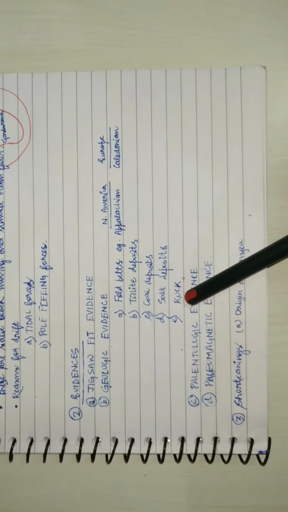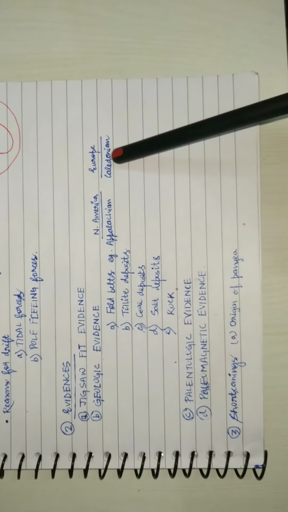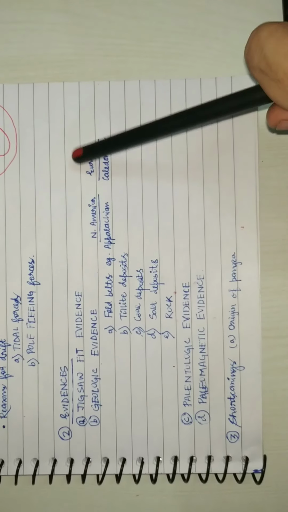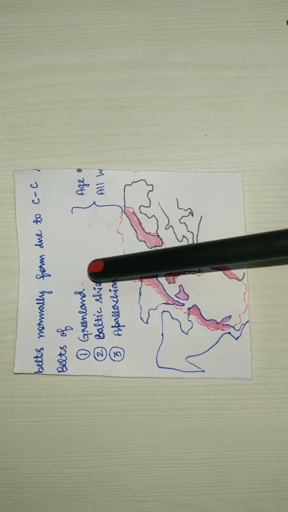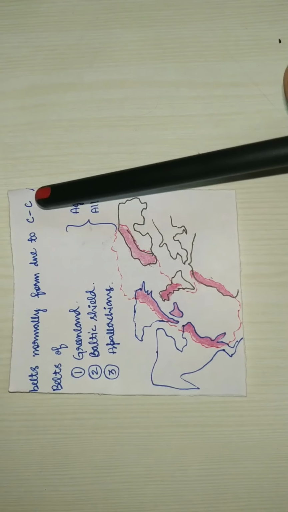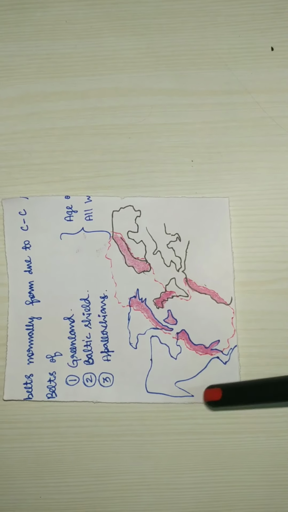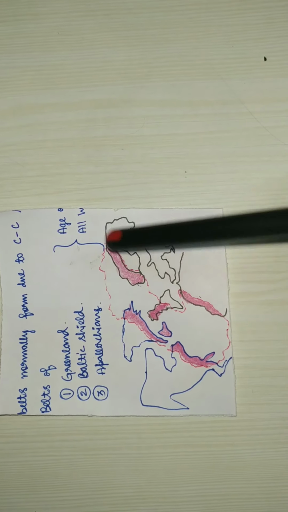The first evidence is the fold belts, the matching of the fold belts of North America and Europe. First of all, what is a fold belt? Fold belts are mountain chains which are formed normally due to continent-continent collision. Now here you see North America, here is Greenland, Great Britain, this is Norway, and this is part of Africa.